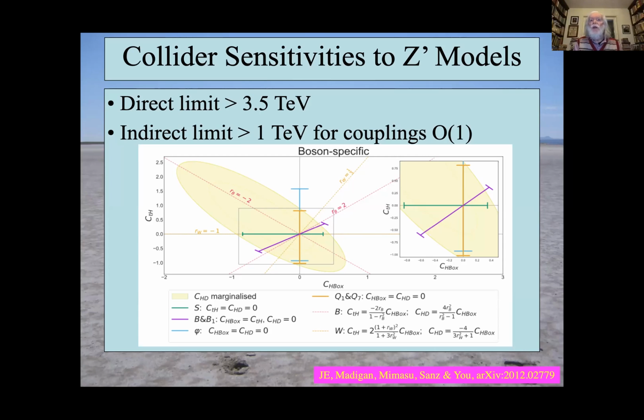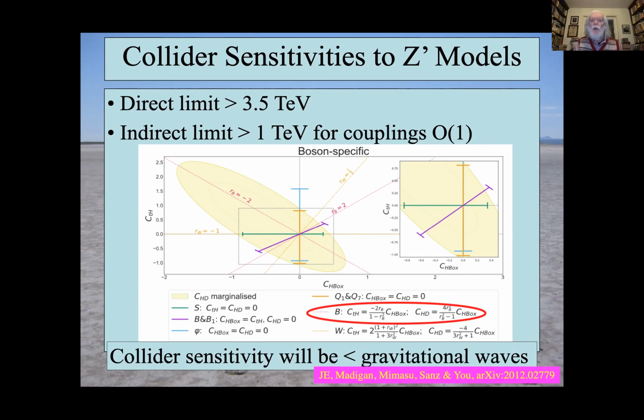And these plots indicate that for couplings of order 1, the indirect sensitivity to a Z prime boson is of the order of 1 TeV. You can find more details in our paper. So this is an example where collider sensitivity will certainly in the future be less than gravitational waves.